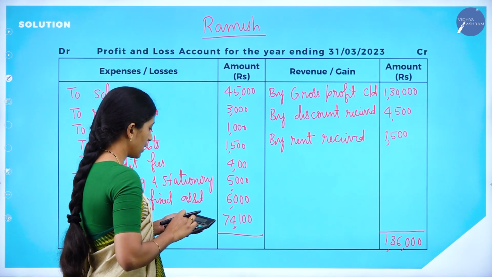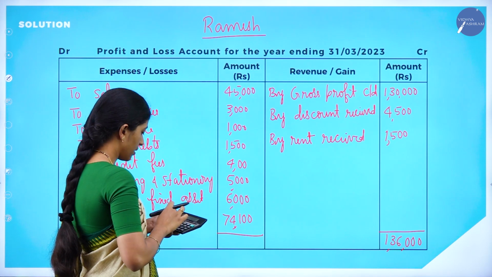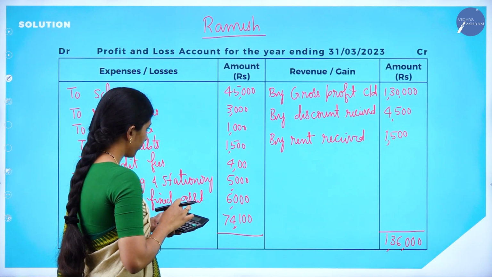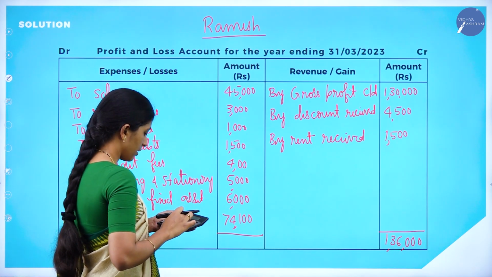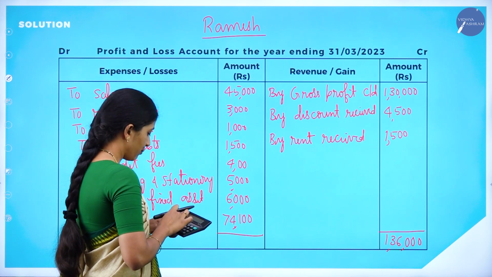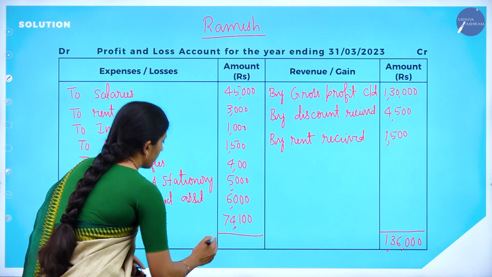So 45,000 plus 4,000 plus 1,500 plus 400 plus, here it is 11,000 plus 74,100. So total it is 1,36,000.